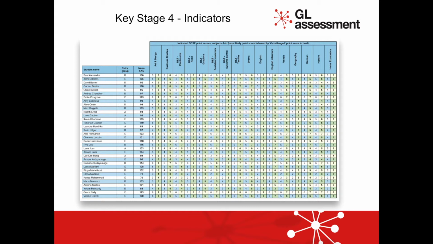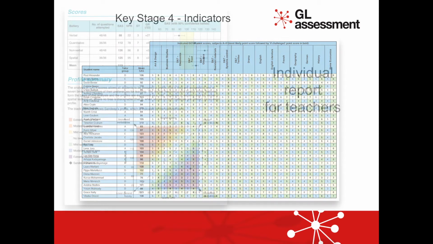The indicators are not targets in themselves, but when taken with a wider knowledge of the individual, give a very useful benchmark. Also available to you are the chance graphs as a further breakdown to these grades. Indicators for A2, A-level and IB are also available.